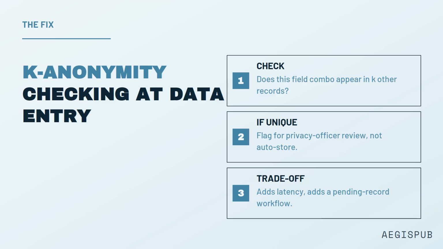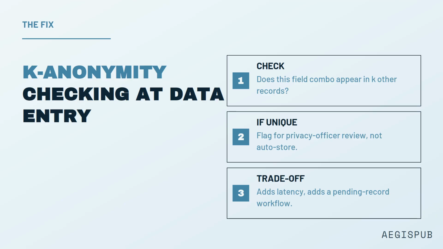The privacy officer decides whether the record should be entered with reduced demographic specificity, whether it should wait for more similar records to be enrolled before being committed, or whether the re-identification risk is acceptable given the minimal sensitivity of the particular data. This is not a lightweight control. It requires a live query against the existing dataset at enrollment time.